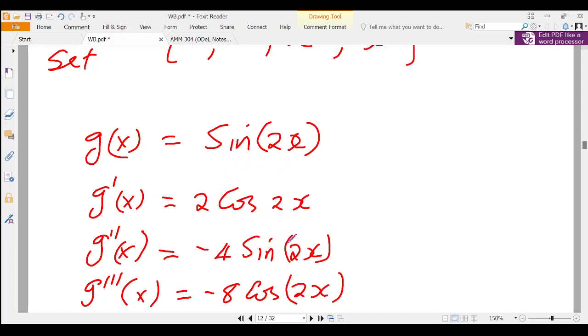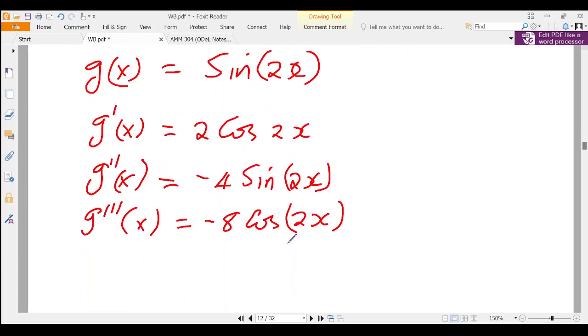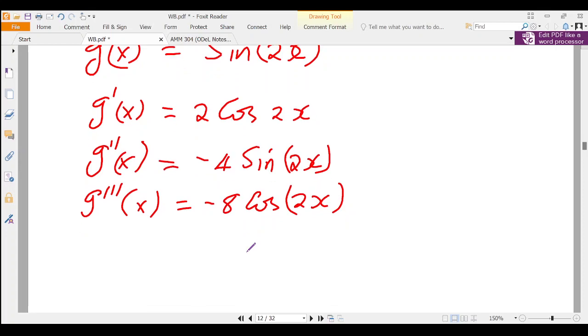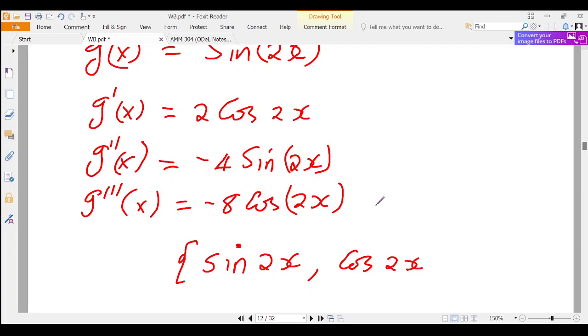So even if we go to the fourth derivative, we do not expect a new function here. So the set of different functions arising from the differentiation of this function: we have the function g itself, which is sine of 2x. On differentiation, we get the cosine function. We don't write the coefficient here because this is just a coefficient.